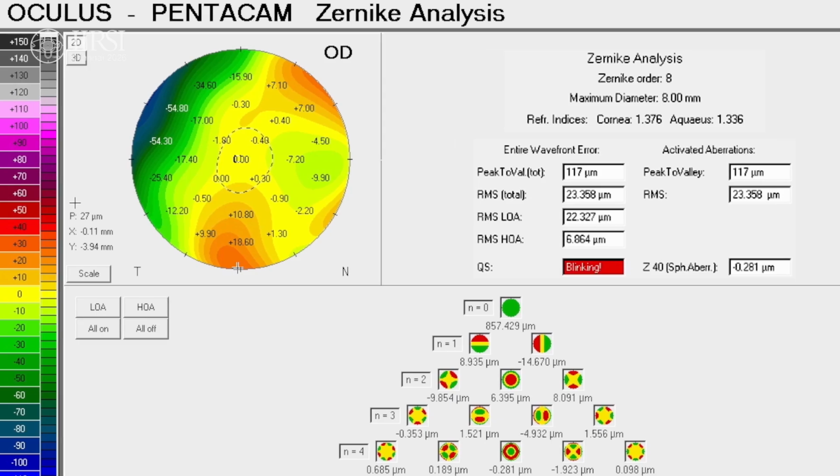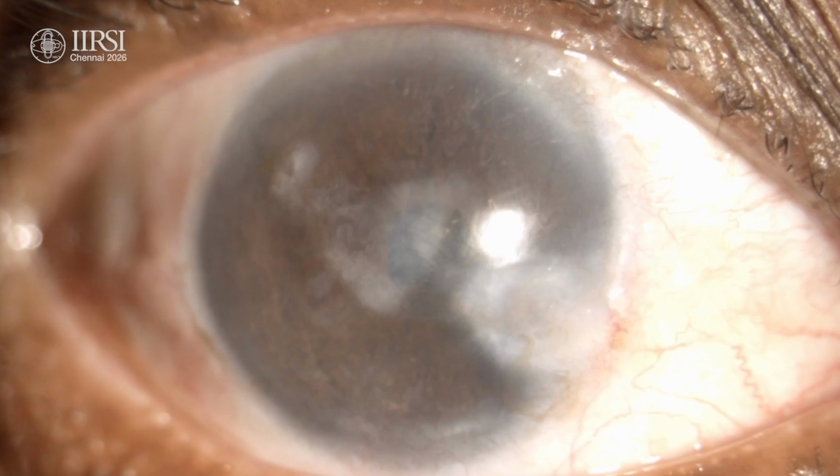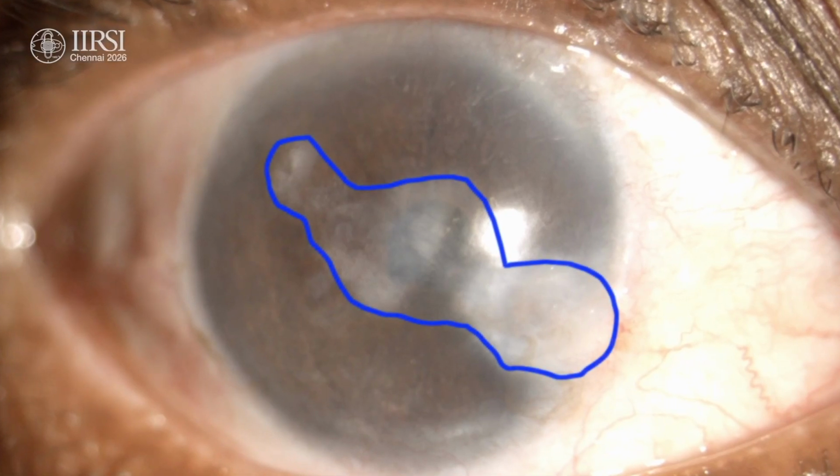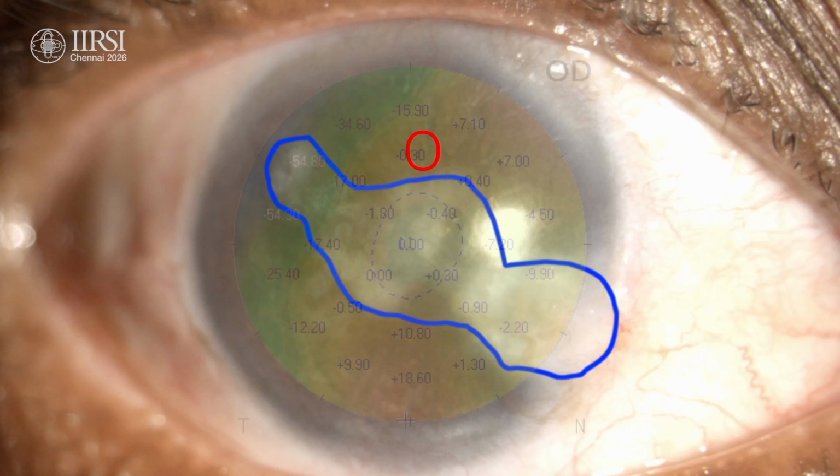And what we do is a Zernike analysis of the surface of the cornea. And then we choose the site with the least aberrations correlating with the clinical image. You shouldn't have a clinical opacity on that part, but yes, you should have fewer aberrations on the surface of the cornea. So that's the first thing.